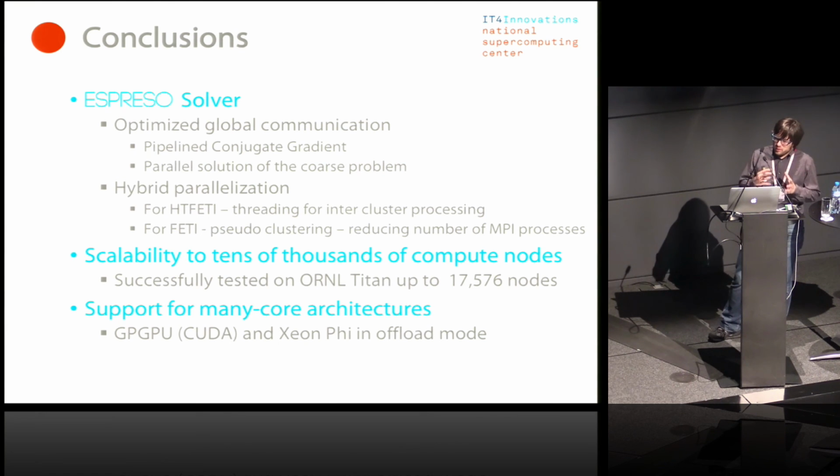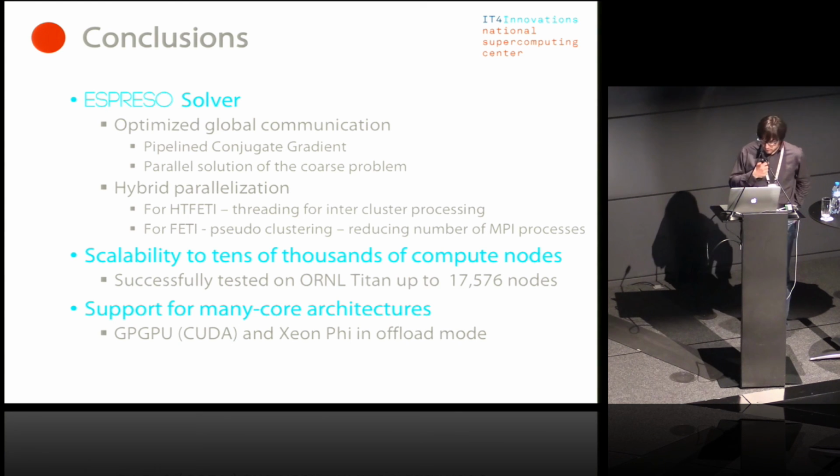We don't calculate them as a cluster, but as a group of domains, and we can process multiple hundreds or thousands of subdomains on each node, which allows us to use fairly small subdomains. So we show that the solver scales up to the full range of the second largest machine in the world, and that we also support GPU and Intel Xeon Phi acceleration.